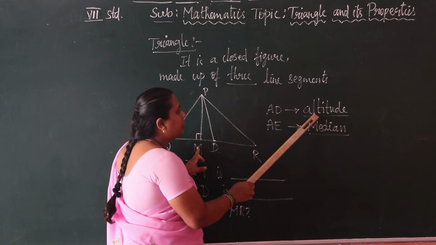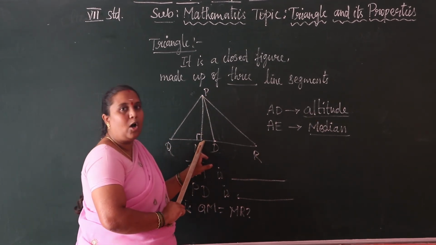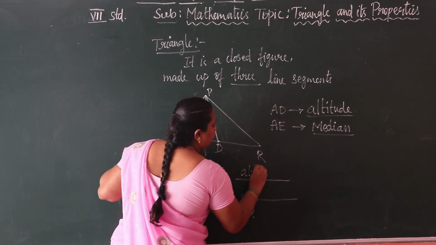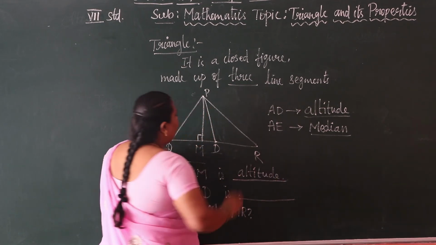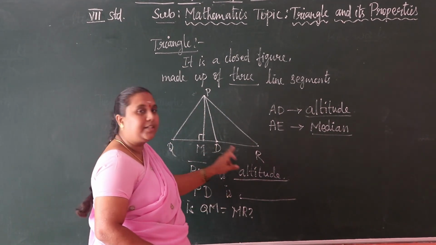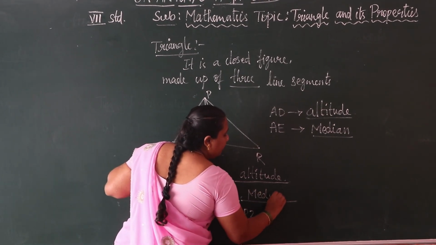PM is an altitude, because it is perpendicular to the opposite side. And what is PD? PD goes to the midpoint of QR, so we can say it is a median.